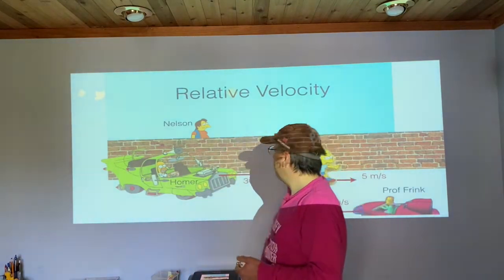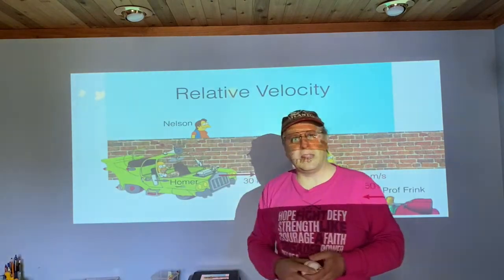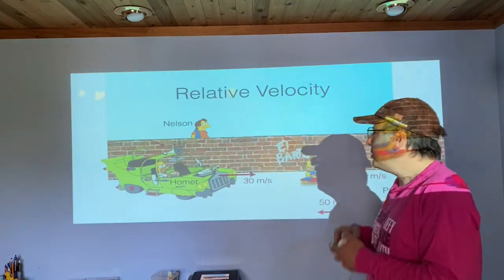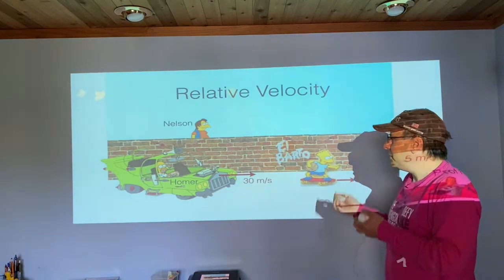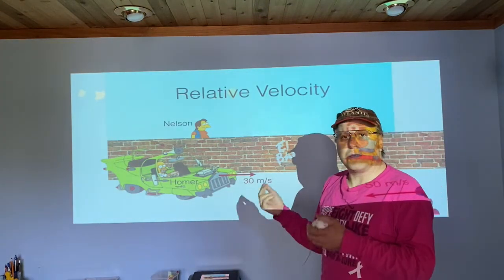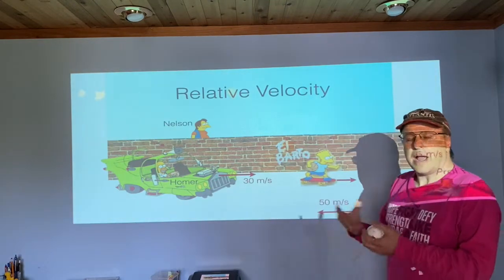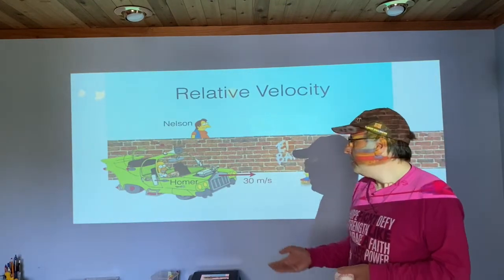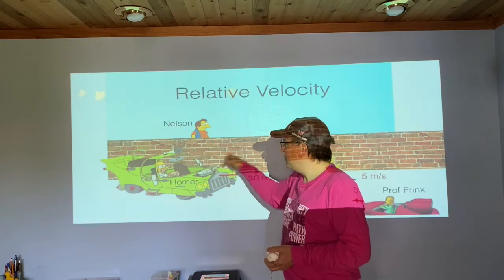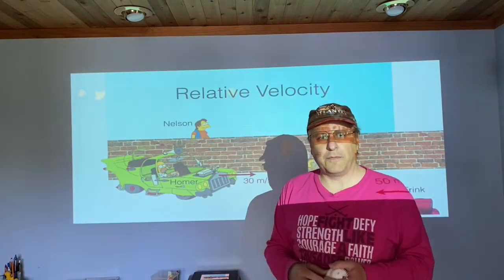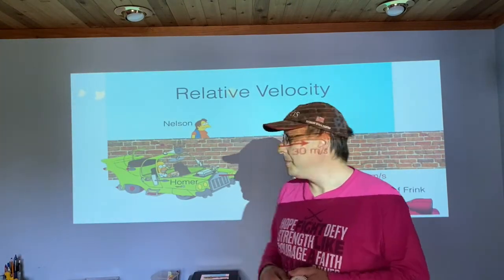He would see Nelson moving at 30 meters per second to the left. So the speed that we measure is determined by our frame of reference. No answer is correct for all frames. This 30 meters per second is only true for Nelson's frame, for the frame of reference of the Earth.